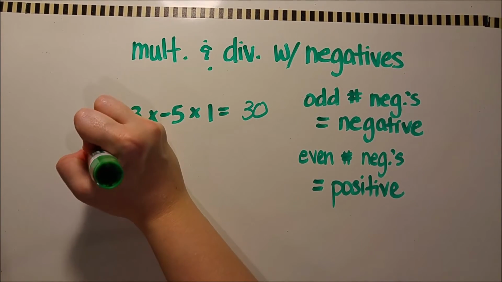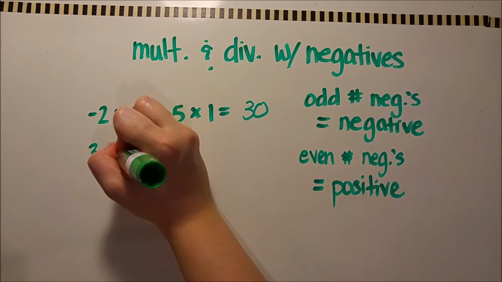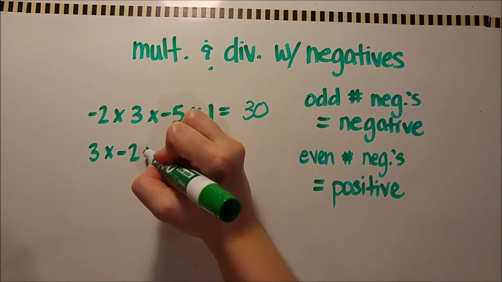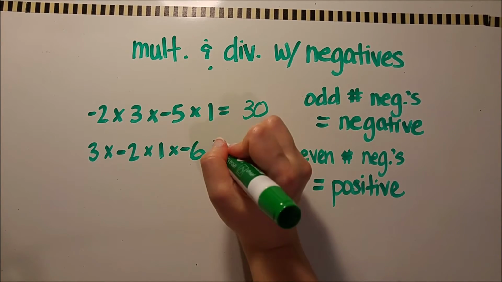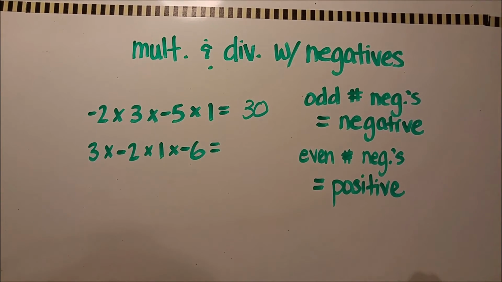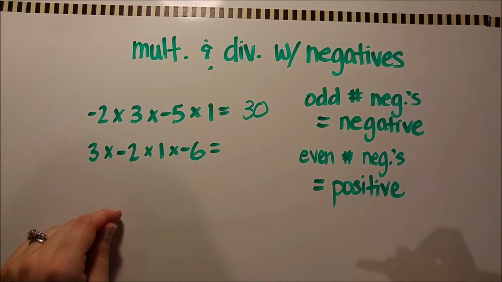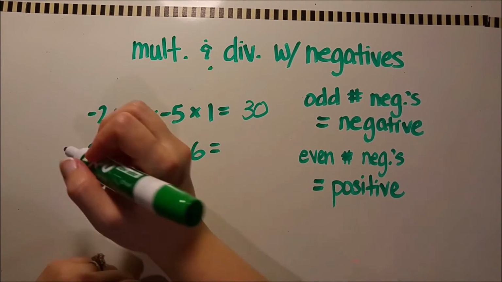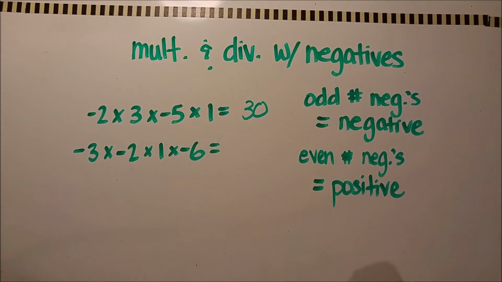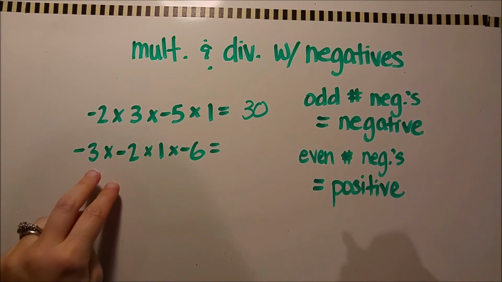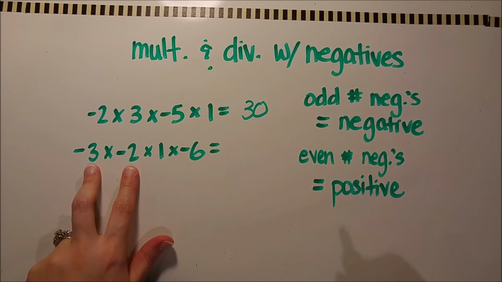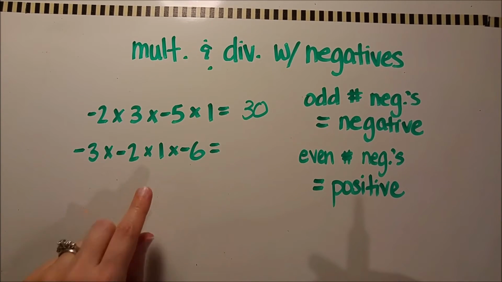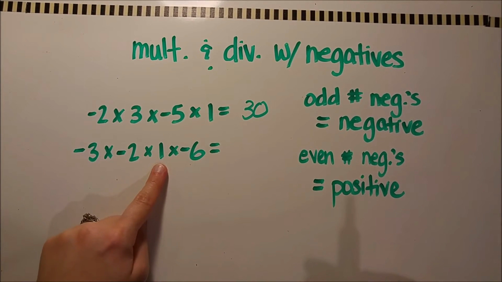Okay, 3 times -2 times 1 times -6. Actually, let's make that a -3. Now we have a different number than before. So ignore negatives for a second. 3 times 2 is 6. 6 times 1 is still 6.